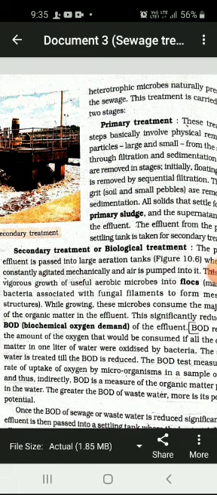Here, growth of various microbes takes place in flocs. These microbes consume the major part of the organic matter present in the effluent. This significantly reduces the BOD of the effluent.